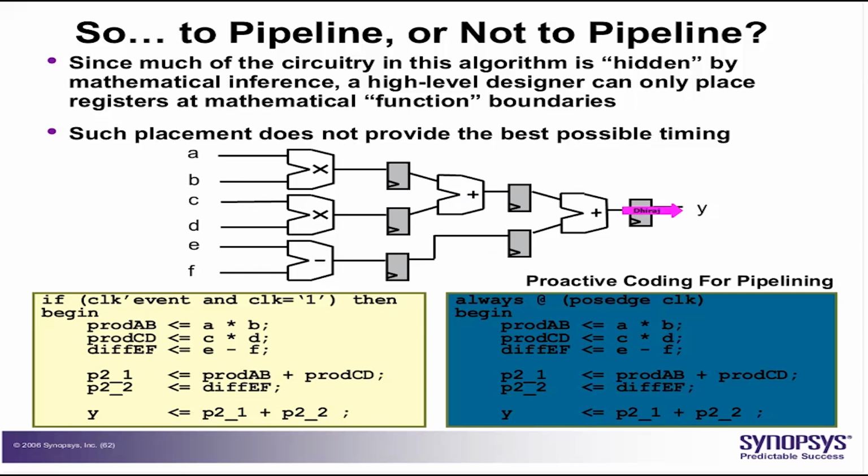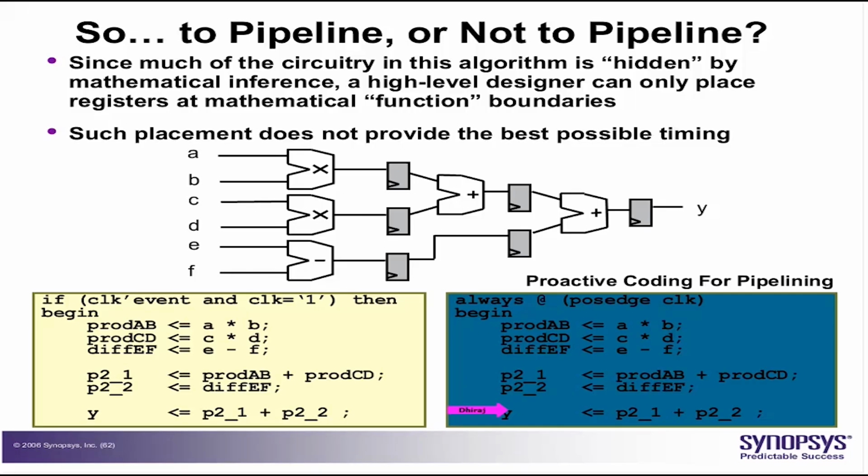What are the registers in the design? Prod AB reg, prod CD reg, DTF reg, P21 reg, P22 reg, Y reg. Right. So this is the only way you can code. The designer has implemented pipelining in this code by way of RTL coding. Now let's see what happens to the timing.